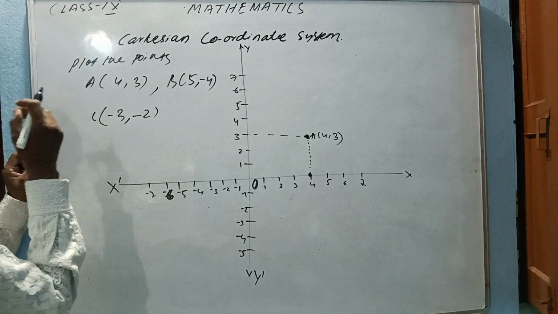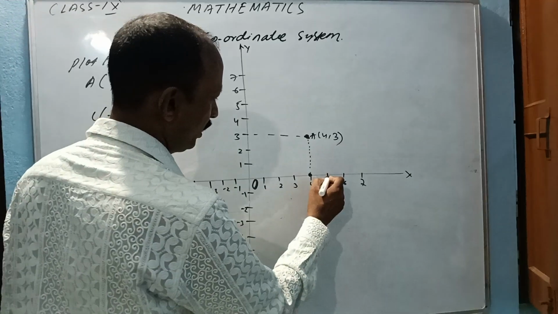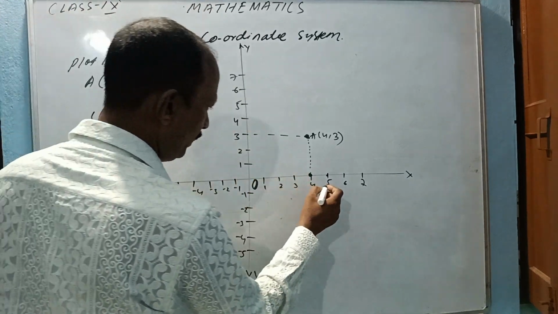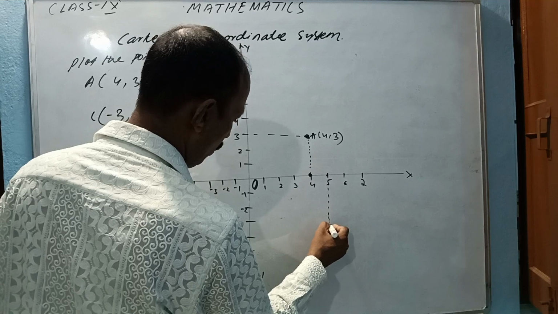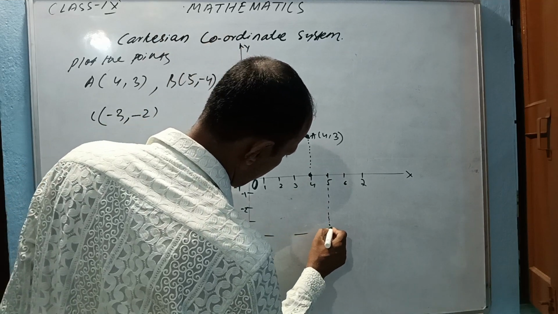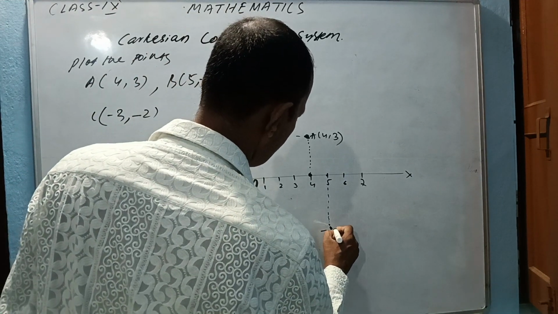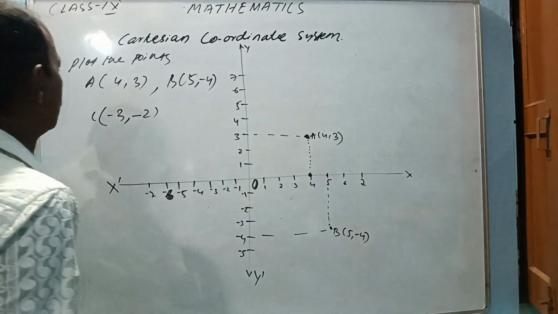Similarly, suppose the point is 5, -4. X axis 5, y axis -4. That means straight you have to move down 4 units. This is the point B, 5, -4.